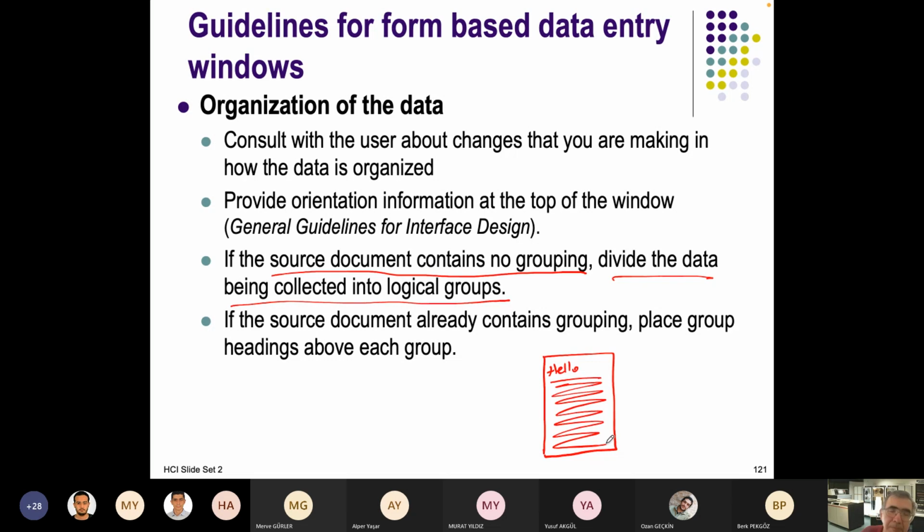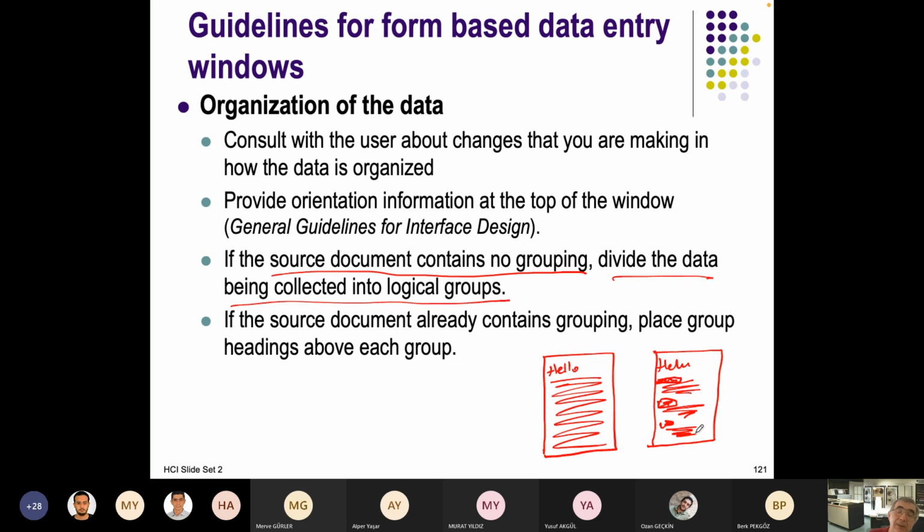If it is paper, it's okay. But if it is on the computer screen, it cannot be read. So what? You have a title here, some text, another section, some text, another section, some text. You have to divide data into groups if it is on the computer screen.